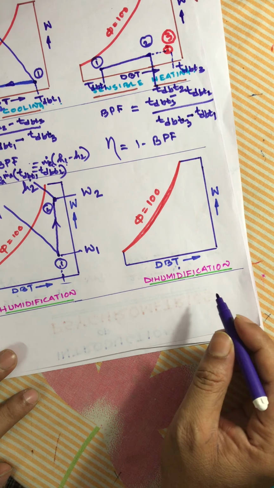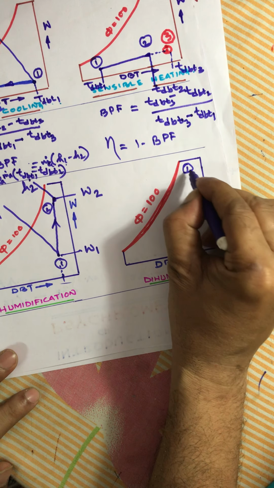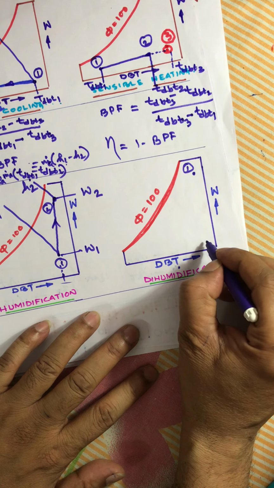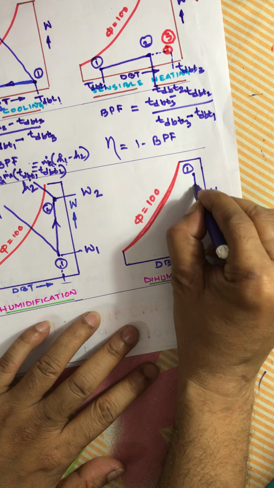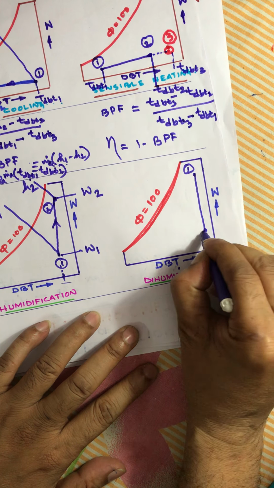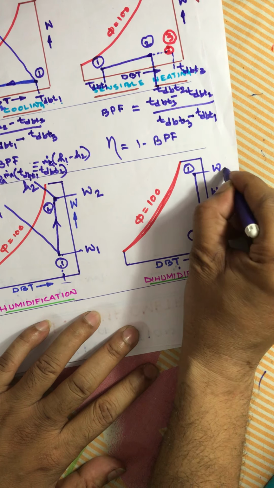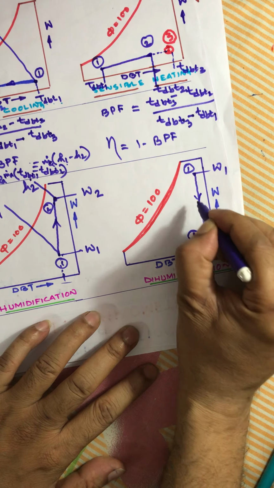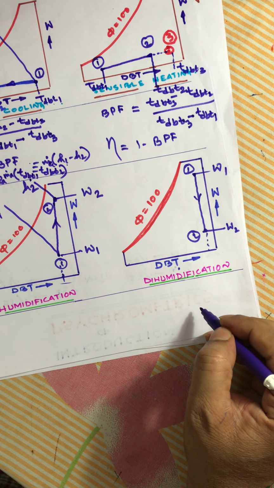Now, dehumidification process, the reverse process of that. If you consider this is the initial point, and at constant dry bulb temperature the W becomes lower, that means W is going to decrease. So, this is the W2, point 2, this is the W1. So, at constant dry bulb temperature, this 1 to 2 process is dehumidification process.